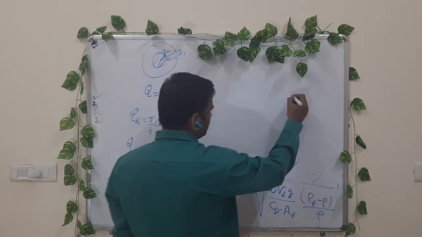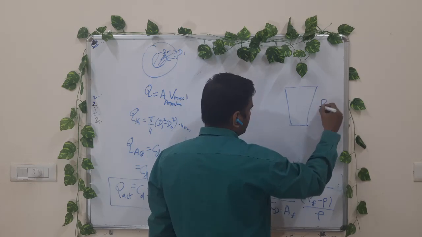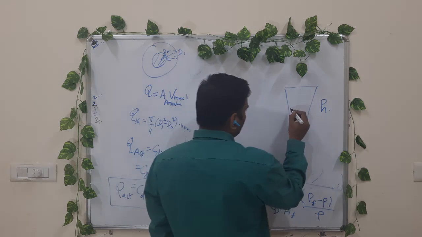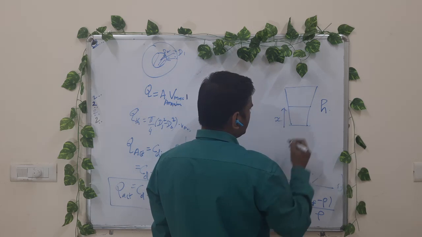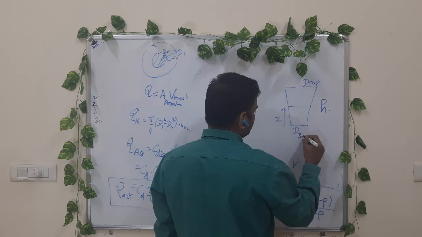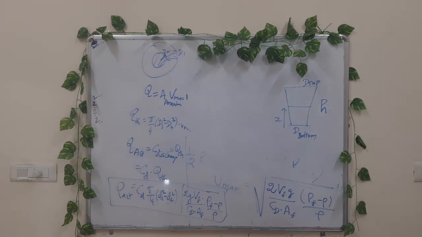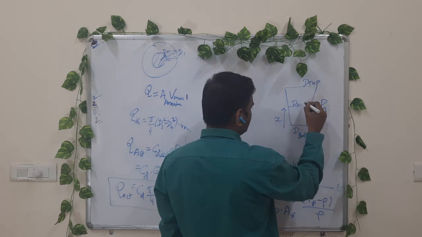For example, let H be the total height of this rotameter, and we want the diameter at any particular distance x, because we have a diameter at the top and a diameter at the bottom. So what will be the diameter at a distance of x?